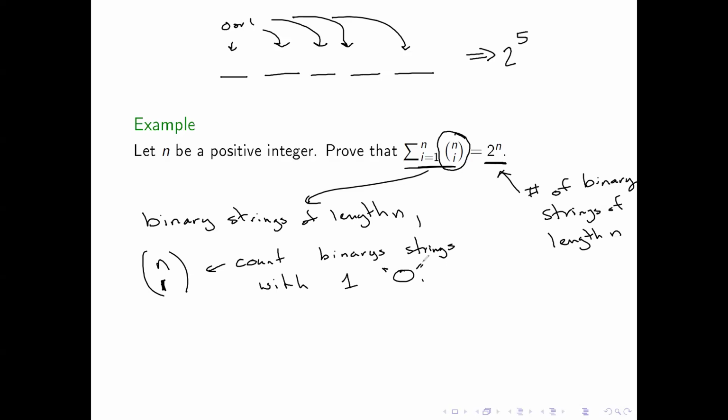Why would that be the number of ways to count binary strings with one 0? Because you can choose which slot has the 0 and then the rest are free to be anything. Then with that in mind, what would n choose 2 be?